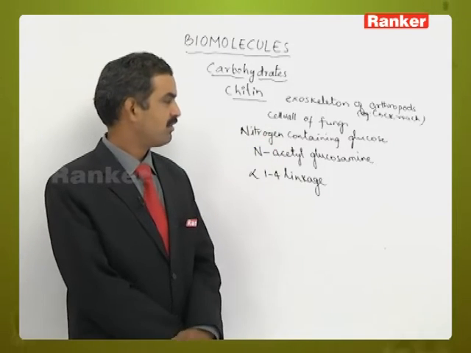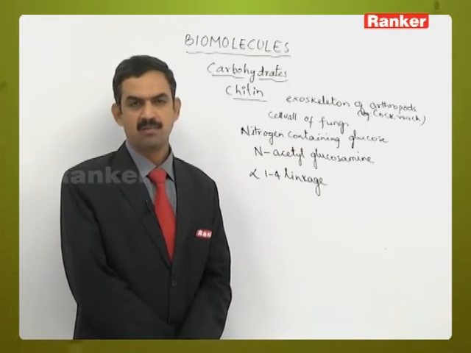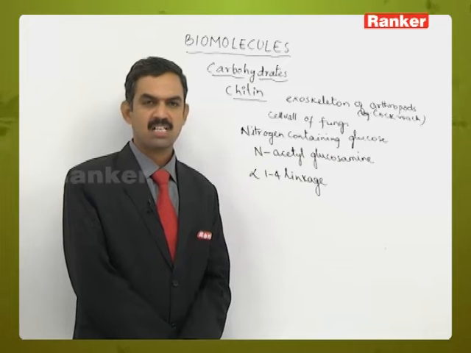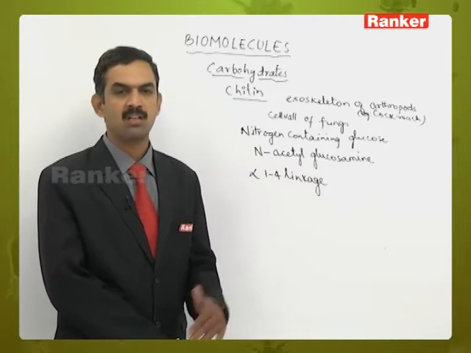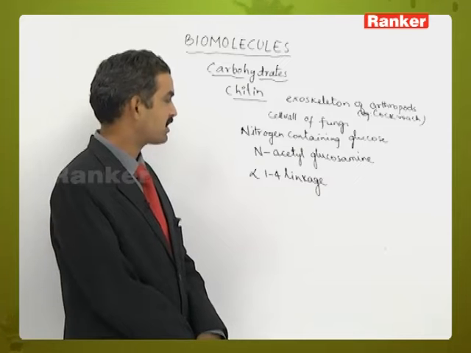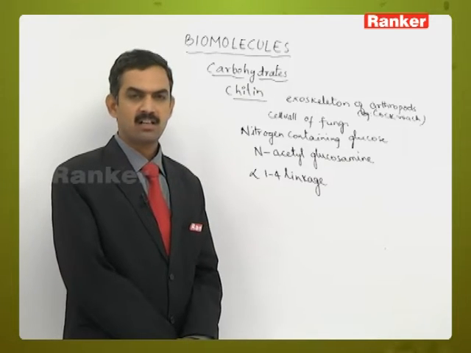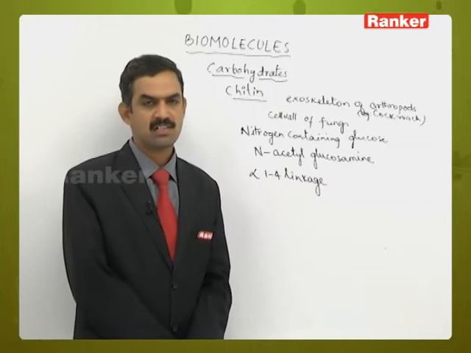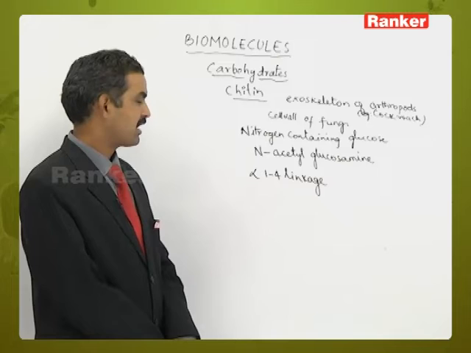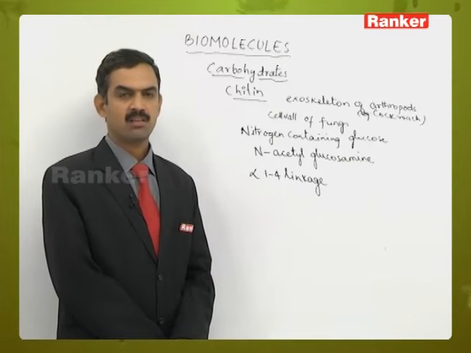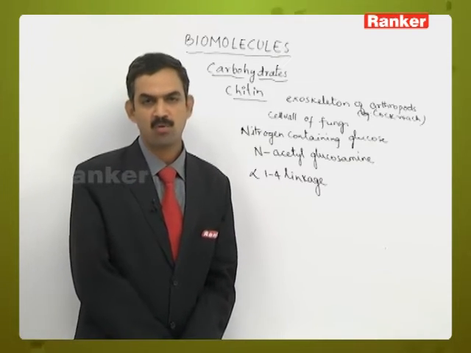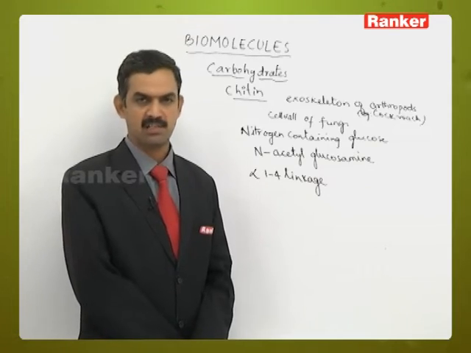Generally we consider fungi as plants, but the wall is not cellulosic, which would be made up of glucose molecules. Instead it contains nitrogen containing repeated units called N-acetyl glucosamine, which is a deviation from the normal cell wall present in other plant cells.